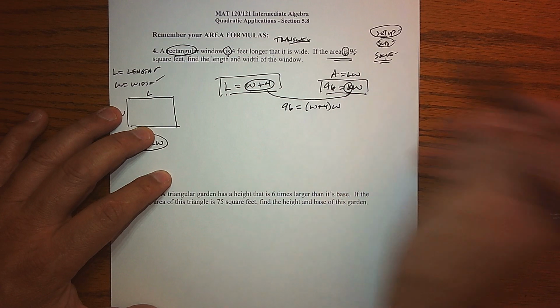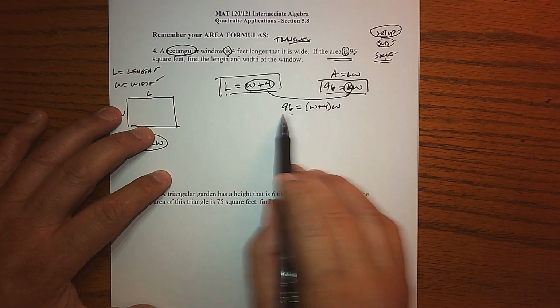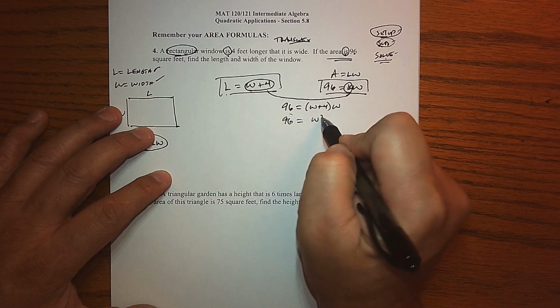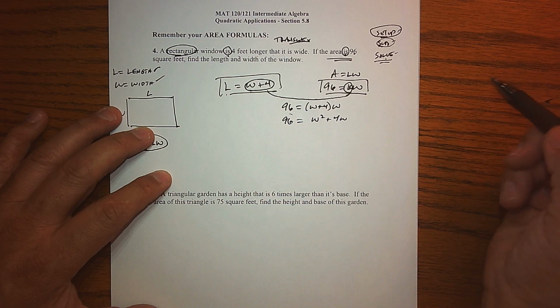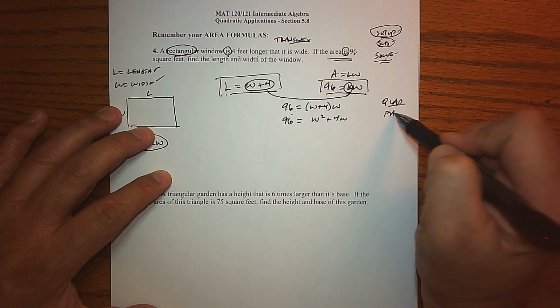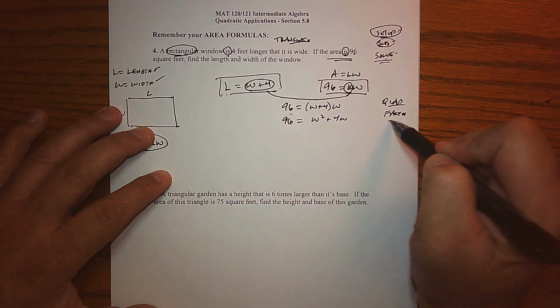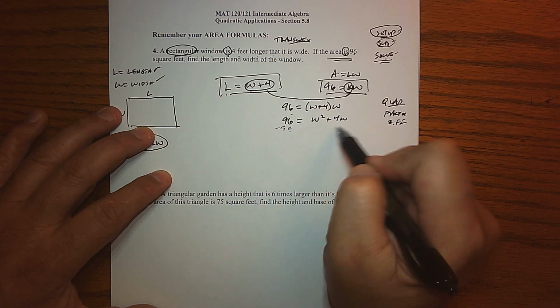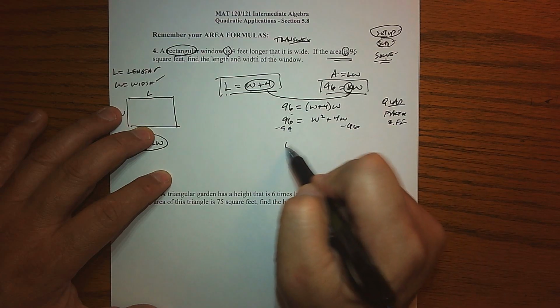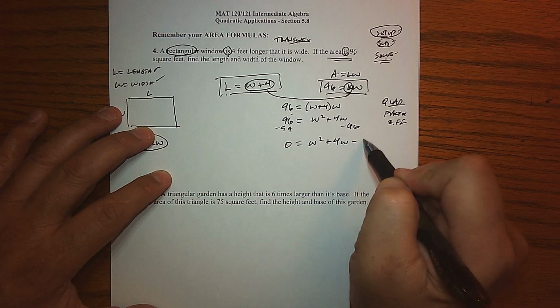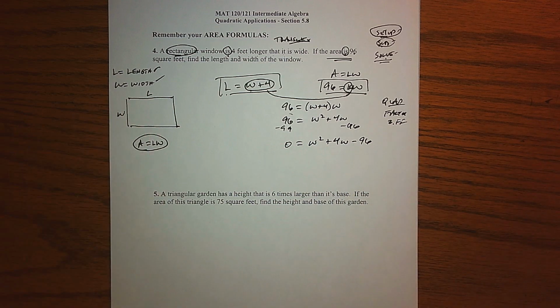And you'll notice we're ready to solve because I have 1 equation and 1 unknown. And if we distribute over here, lo and behold, we have a quadratic. So how do we solve a quadratic? Well, right now we're going to factor them and make use of the zero factor property. So subtracting 96 from both sides, we get 0 equals W squared plus 4W minus 96.